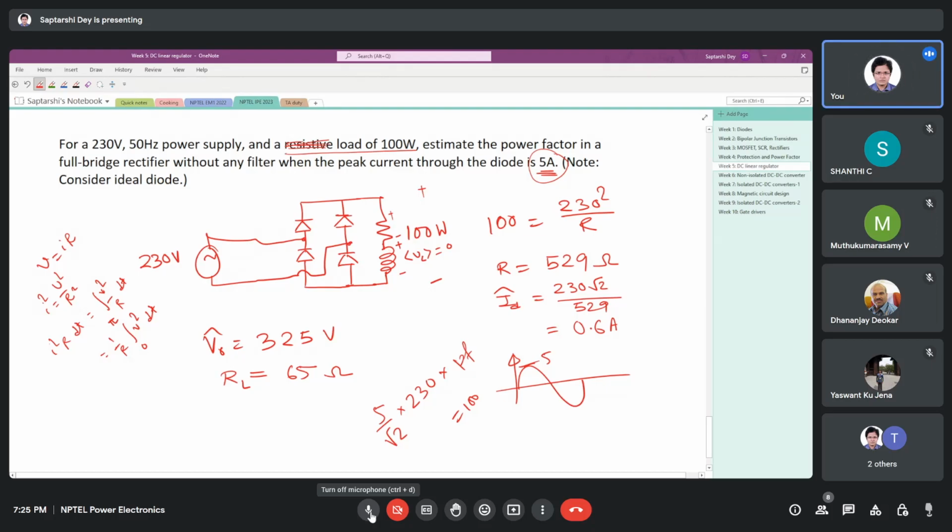Okay, anything else? I'm still thinking about it. If we put an inductor here, will it increase the load current?